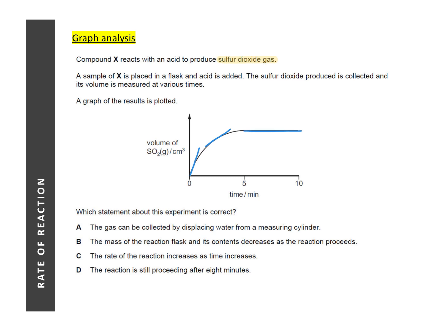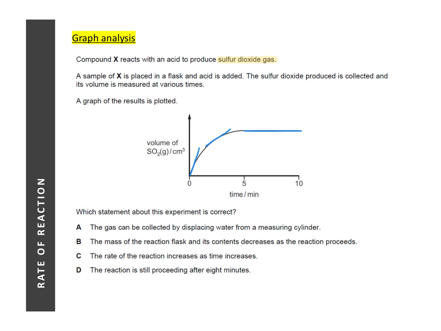When the gradient reaches zero, it simply means that the rate is zero, meaning the reaction is complete or has stopped. For any reaction, due to the reactants being used up, you would expect the rate of reaction to slow down, and therefore the gradient to become gradually less and less steep.